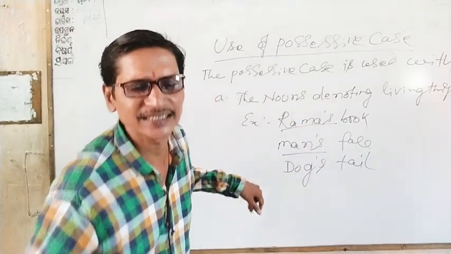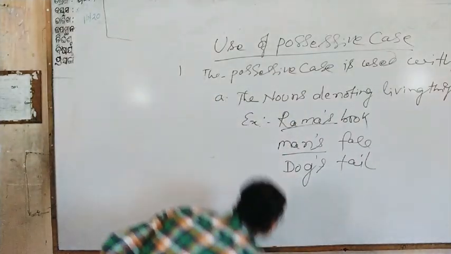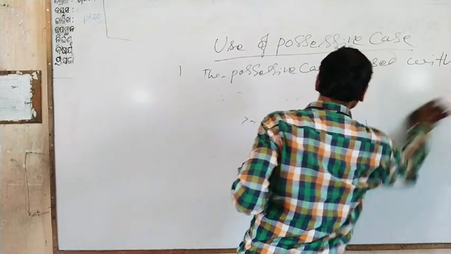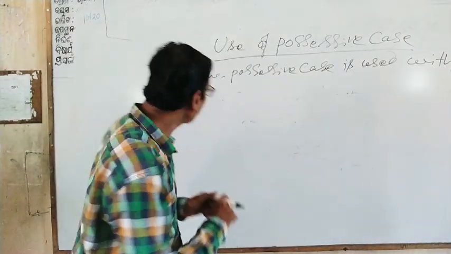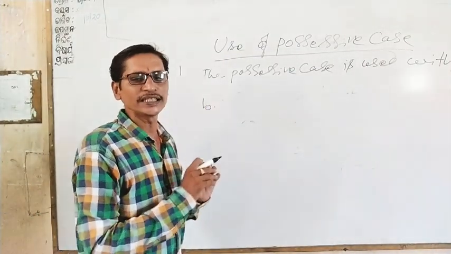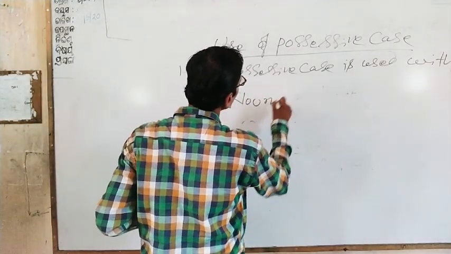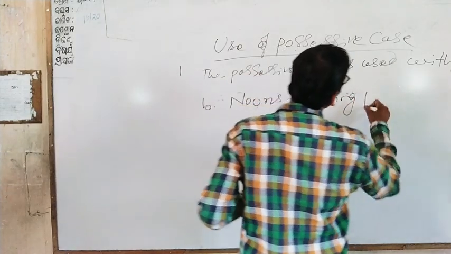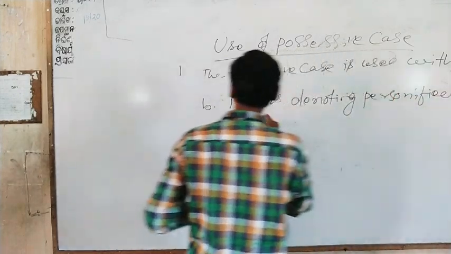Next thing, let's discuss it. Next is B. B is what? The nouns denoting personified things.